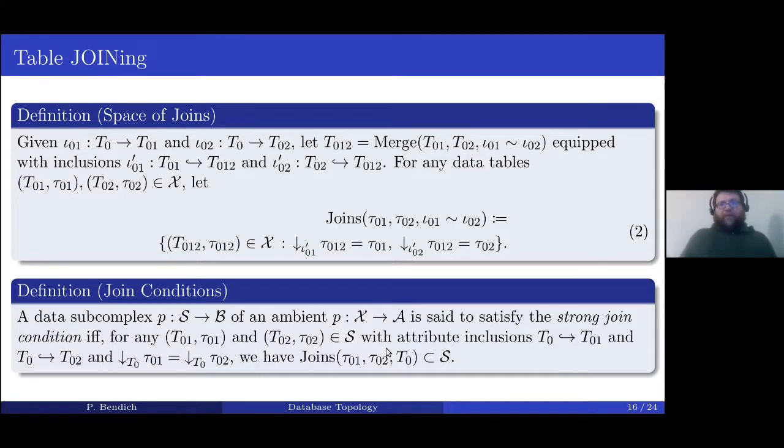In fact, I'll define it in a second. The way to make a data subcomplex which satisfies the strong join condition is to take all the data tables you found that fell off the back of the truck and, with a strong command of how to run the inner join command in SQL, hit enter until you've done all possible joins you possibly could. And now you satisfy the strong join condition.